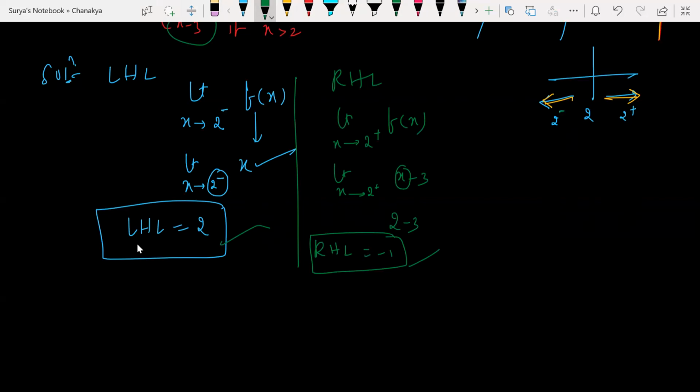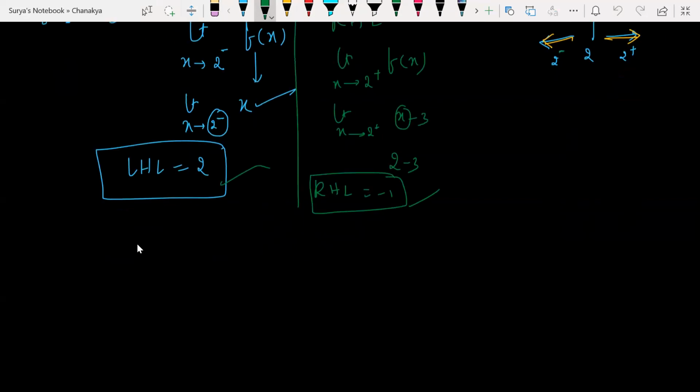Therefore, since LHL is not equal to RHL, you write limit x tends to 2 of f of x does not exist.